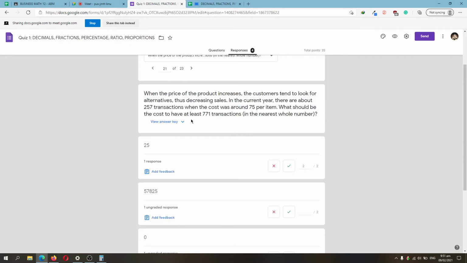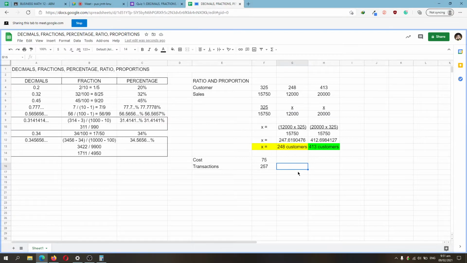So, if ang tinatanong, what should be the cost to have at least 771 transactions? Inahanap natin 771. So, since ito ay tinatawag natin na indirect, dapat yung 75 ay bababa kasi yung transaction tumaas. So, para makuha natin yan, kukunin natin yung constant nitong value na to.